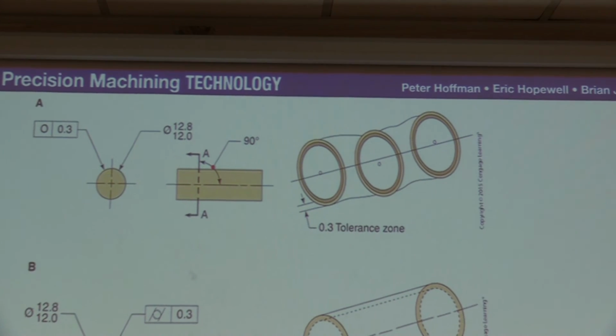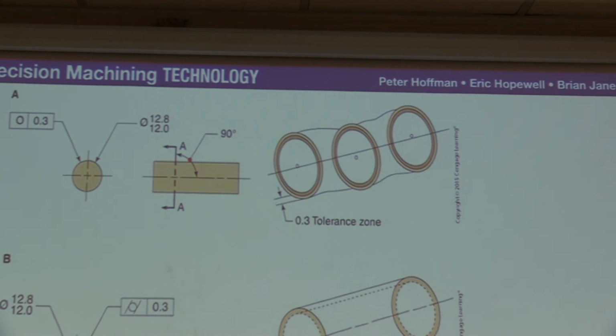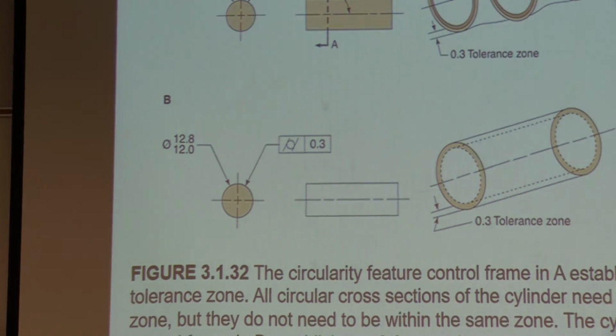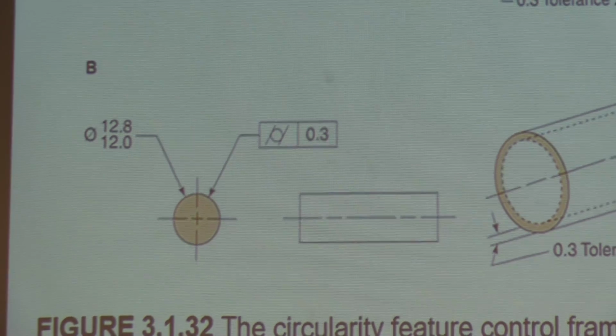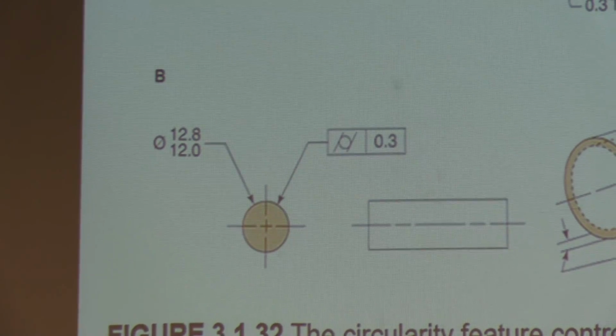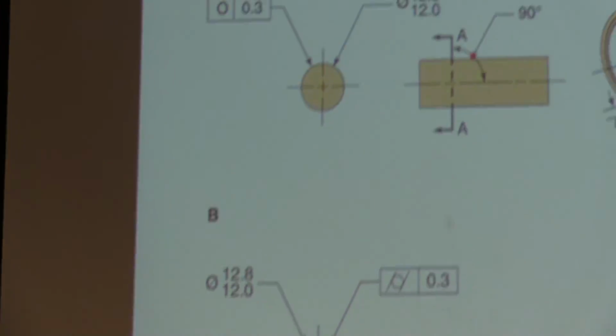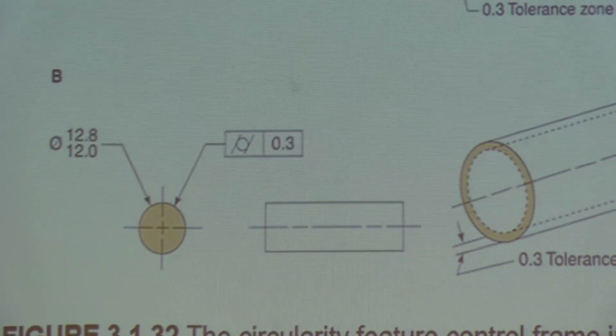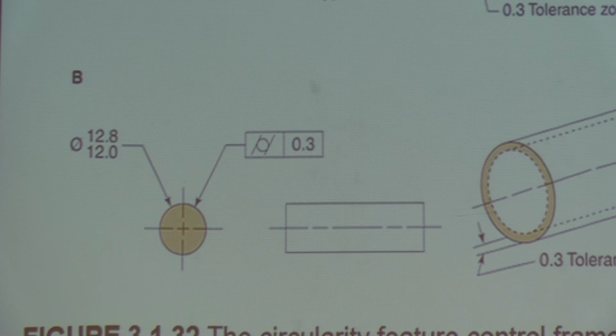So as you can tell on the top right hand column, it shows us that it can be 0.3. You can see there in the middle, it's kind of cattywampus. It looks kind of like a caterpillar, right? But now if we come down over here, off of just showing us a tolerance of 0.3, we've got the same dimensions, 12.8 to 12.0, but on our feature frame, now we have a cylindricity.